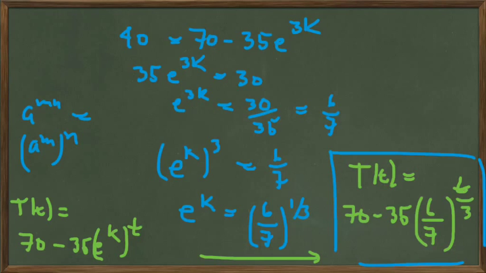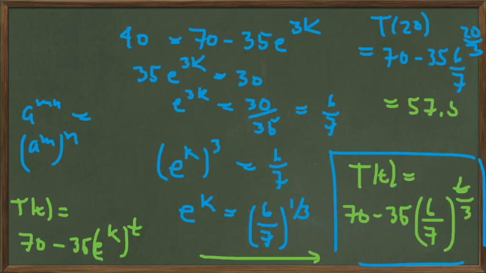And then the final part of the problem is to find the temperature at 20 minutes, so T of 20 would be 70 minus 35 times 6/7 to the 20 over 3, and you can put that in your calculator to see that you get about 57.5 degrees is what the beer will warm up to after 20 minutes.